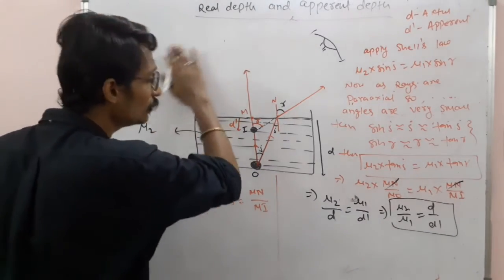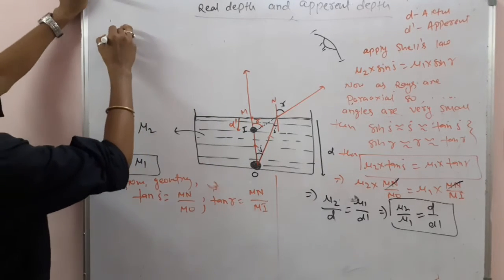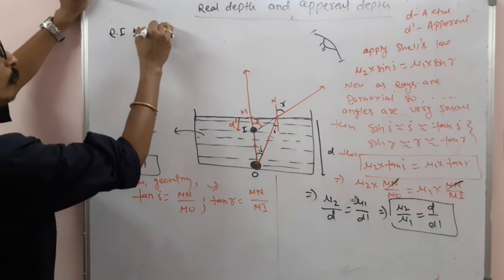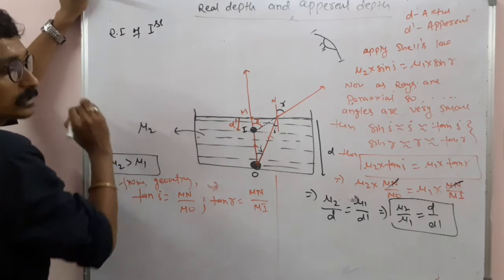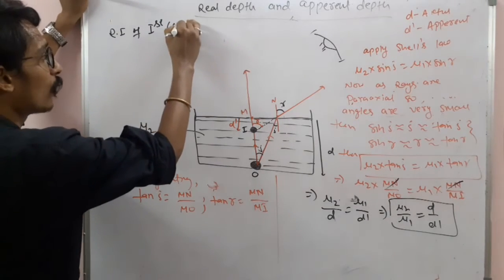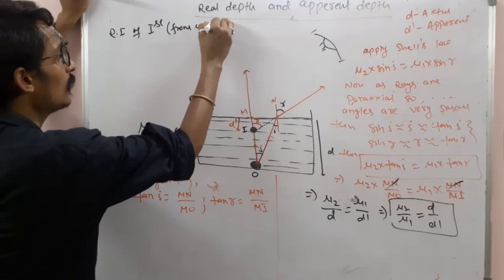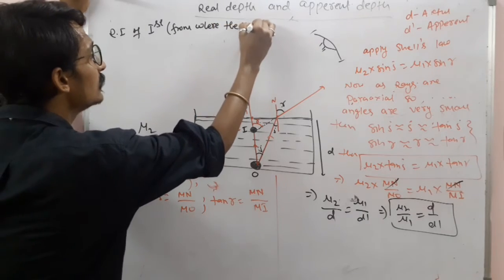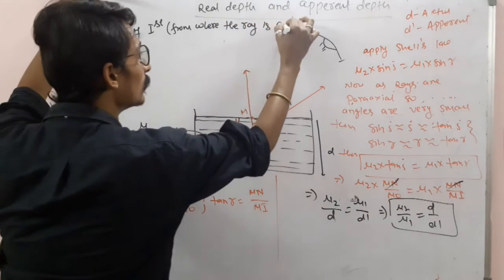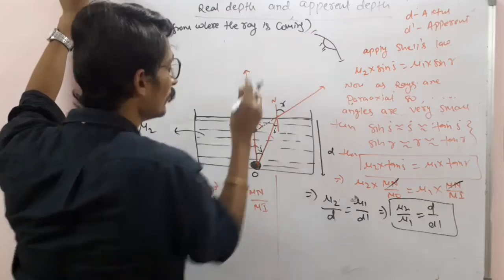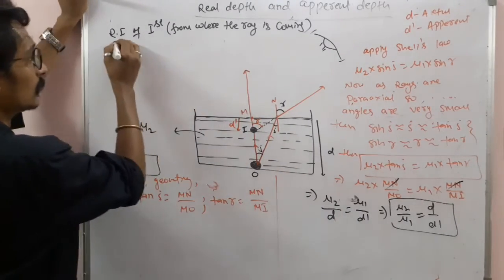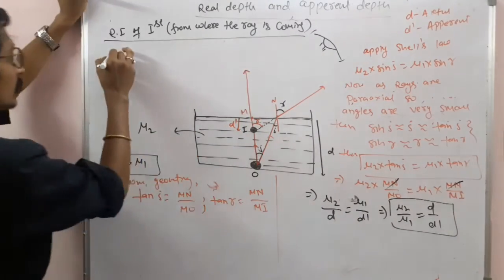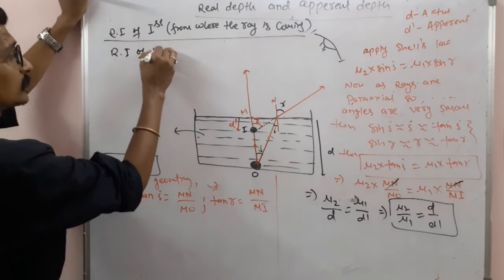In which format will we use this? Remember this: the refractive index of the first medium. And what is the first medium? The first medium means from where the ray is coming. From this medium. Divided by the refractive index of the second medium.